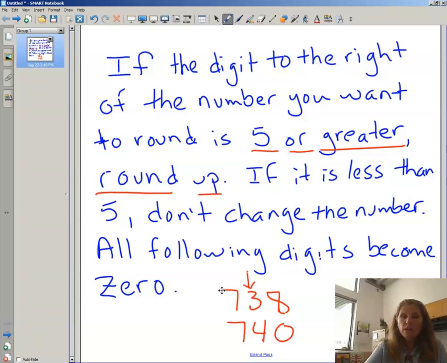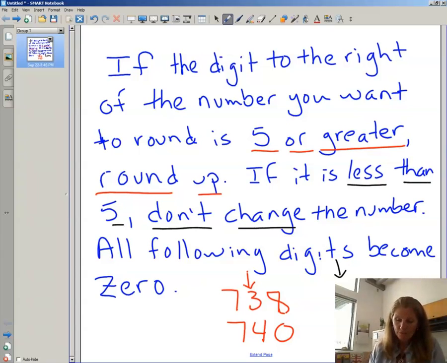On the other hand, if I have something like 1,295 and I want to round, let's say this time, to the thousands place, then again I look one to the right. If it's less than 5, I don't change it. So looking one to the right, I see a 2. That's definitely less than 5.